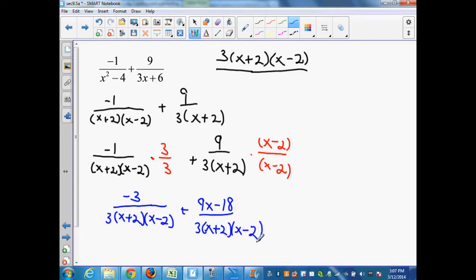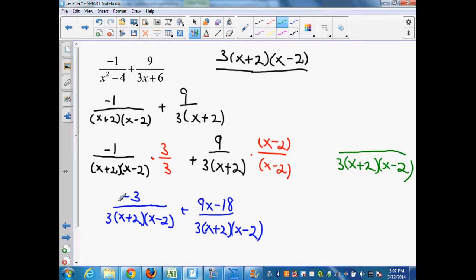Now I can simplify and rewrite them over the common denominator. And my common denominator is 3 times x plus 2, x minus 2.